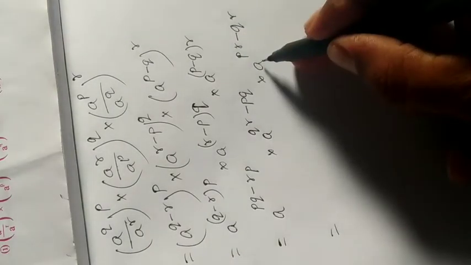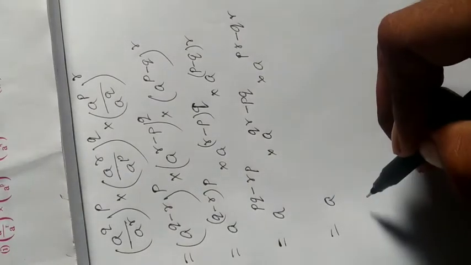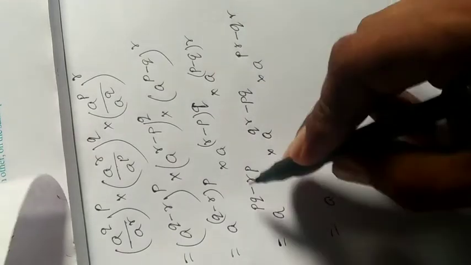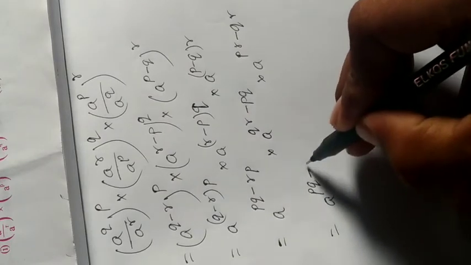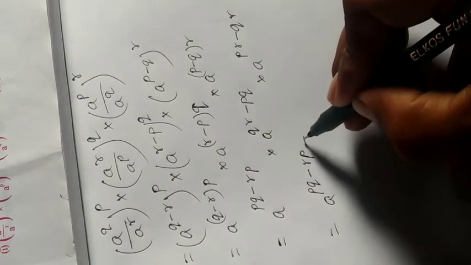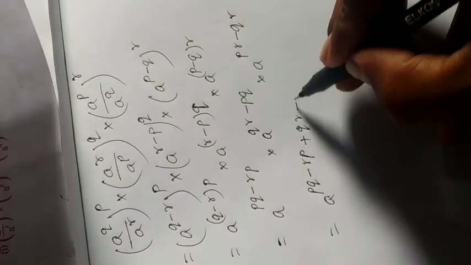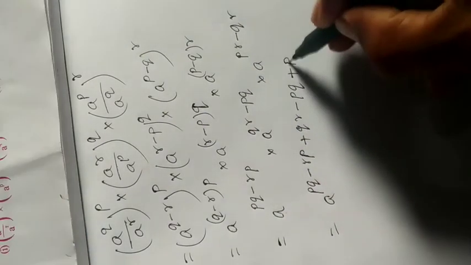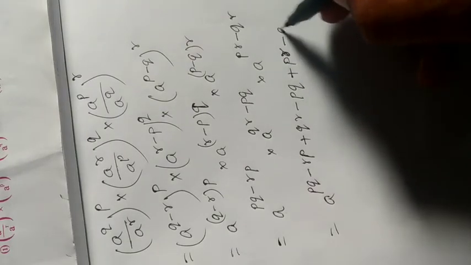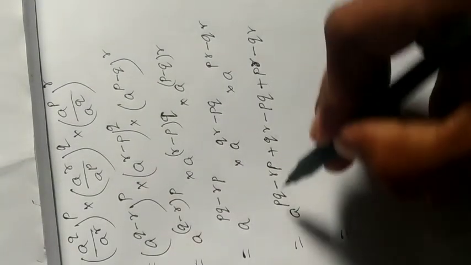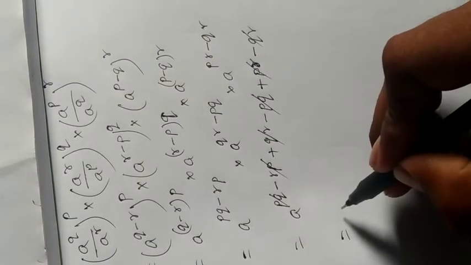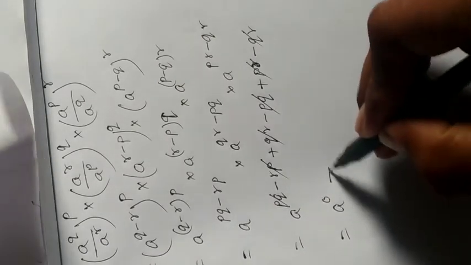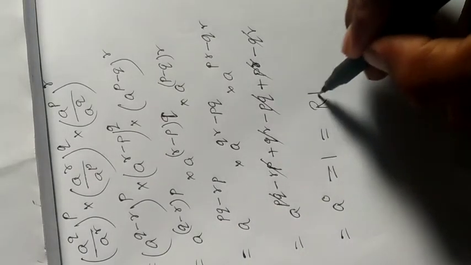So all the bases are the same, that means we have to add all these powers, okay. So pq minus rp plus qr minus pq plus pr minus qr, all are cancelled, minus plus, that is a to the power 0 is equal to 1, which is equal to the right hand side.